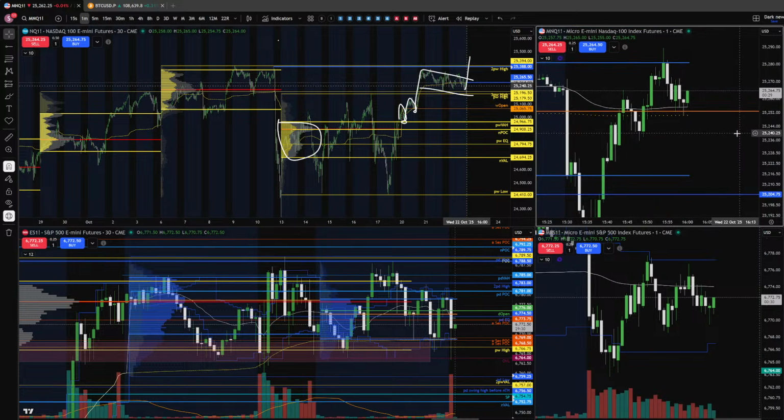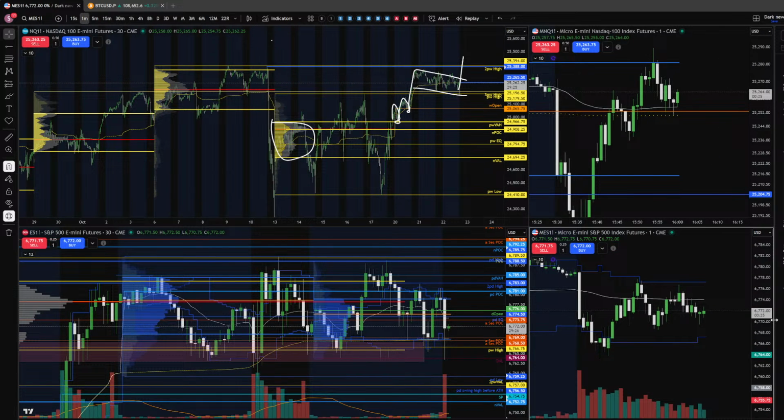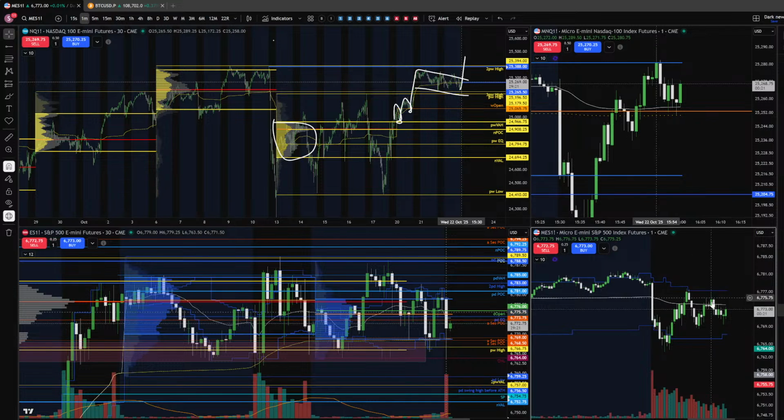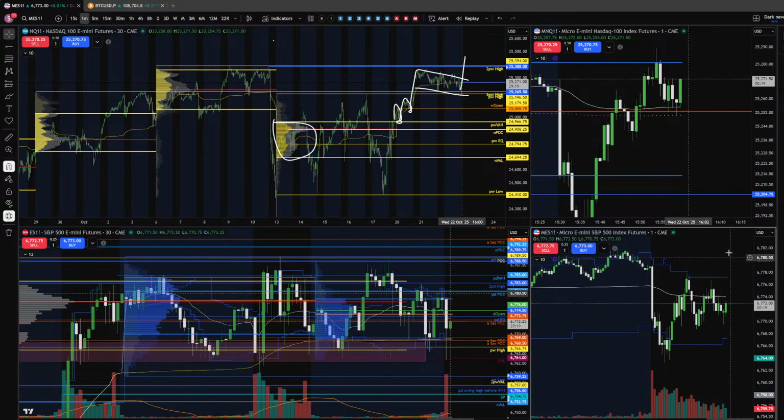Okay, this might be a play. Although ES is way less bullish than NQ in the way it's progressing. But if this candle flies away like this, no, it's not gonna give me an entry. Let's see.